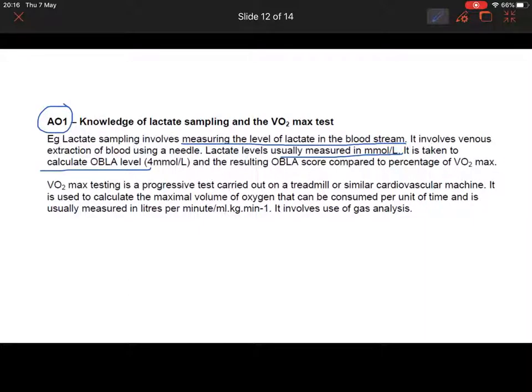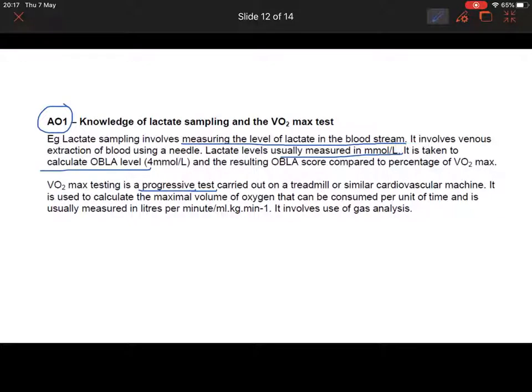If we look at VO2 max testing, again, there's that word progressive, test to exhaustion we talked about. It talks about a treadmill or similar, and the other similar cardiovascular machines they're referring to there are either a rower or a cycle ergometer.